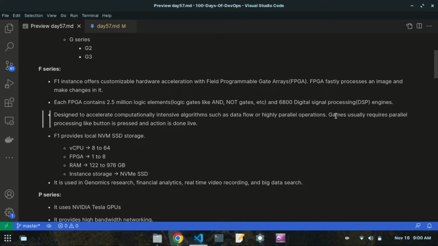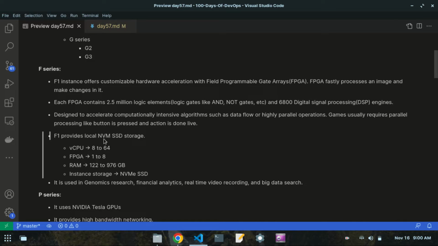Games or live streaming usually require parallel processing, like a button is pressed and the action is done live, because multiple actions are performed at the same time. So the F series is helpful for this parallel processing.